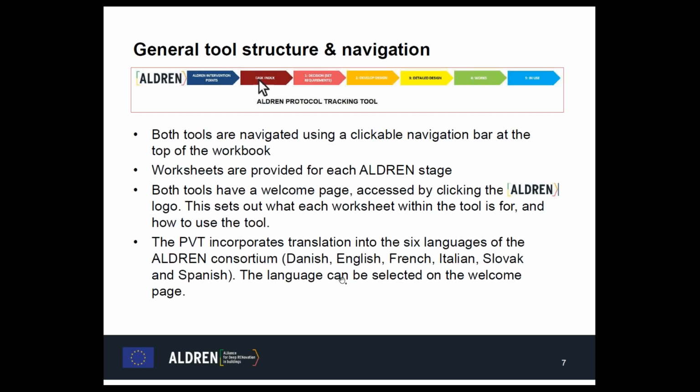Both tools have a welcome page, which you can get to by clicking on the ALDREN logo. That sets out what each of the worksheets is for and some background information on how to use the tool. The verification tool has translation into the 6 languages of the ALDREN consortium. That can be selected on the welcome page, and I will show you how to do that as we walk through.